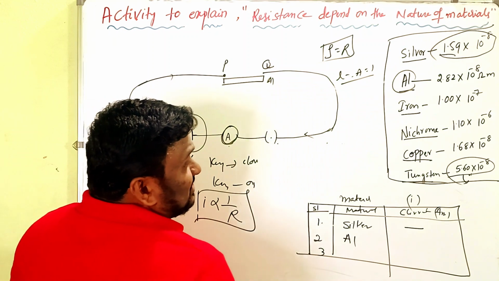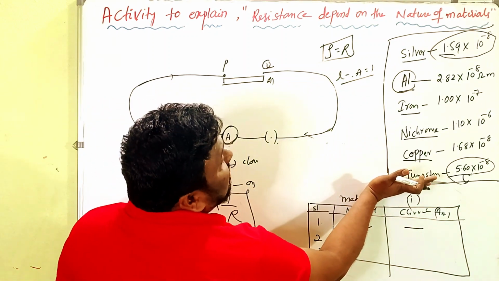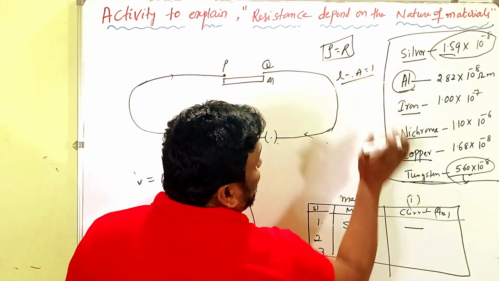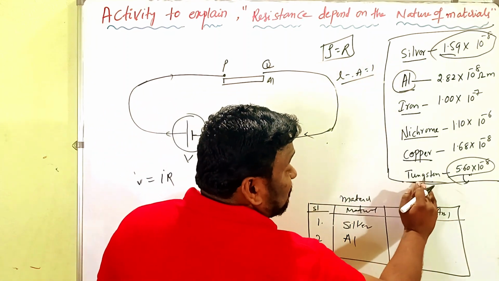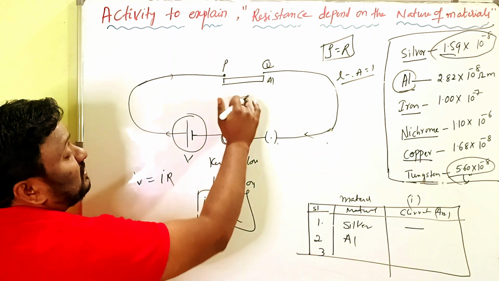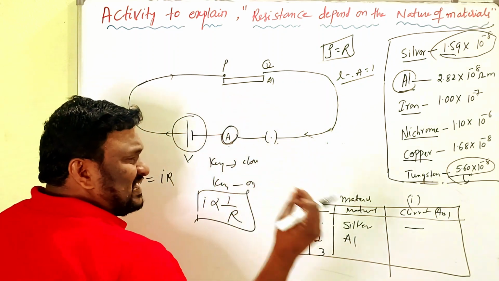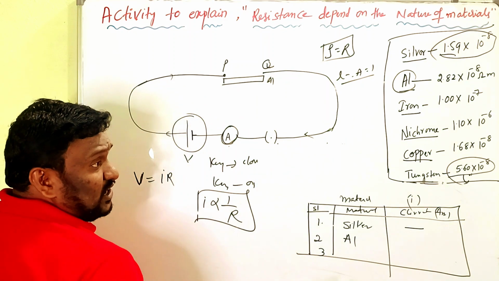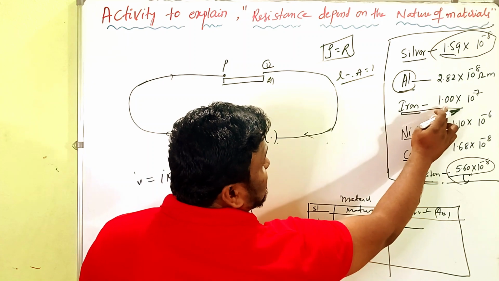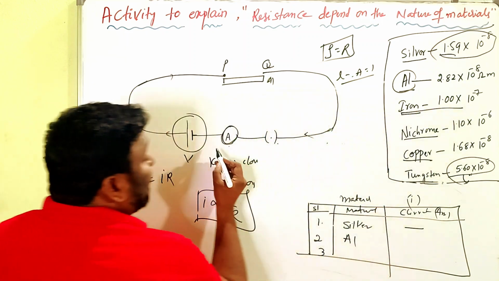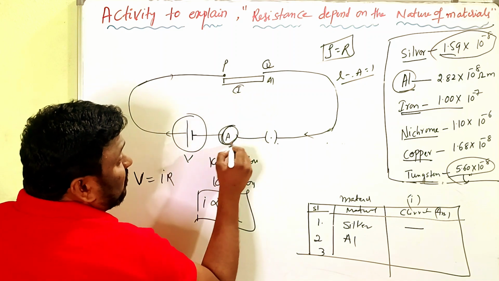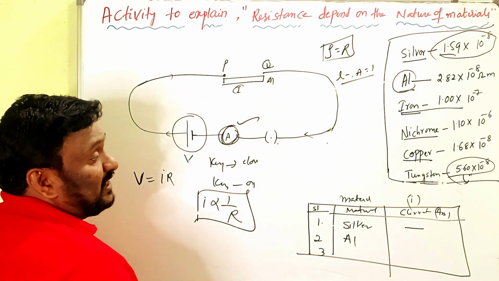That's why, taking the resistivity values, I am saying that among silver and tungsten, tungsten has more resistance, so when tungsten is used, the ammeter shows the very least value of current. And if you take iron, which has very little resistance, the ammeter shows more current.